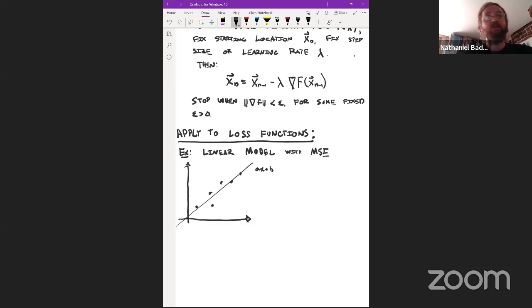And our loss is going to be mean squared error. So mean squared error now depends on two parameters, a and b.